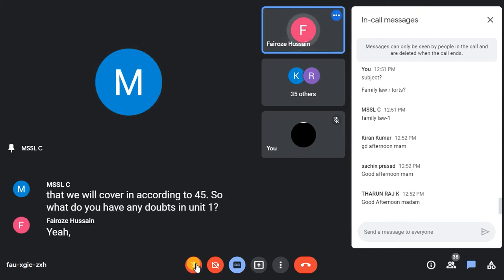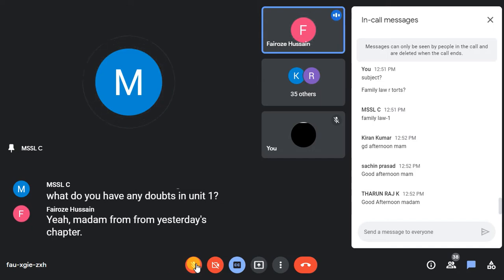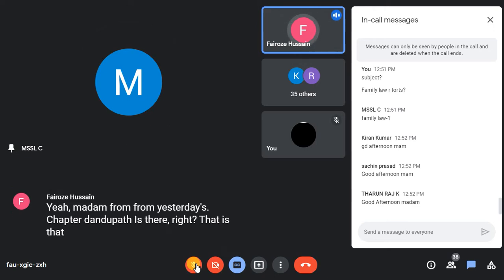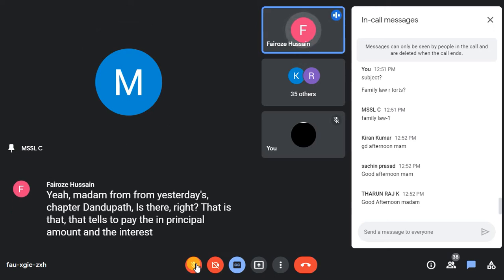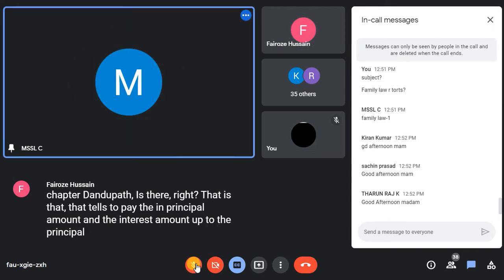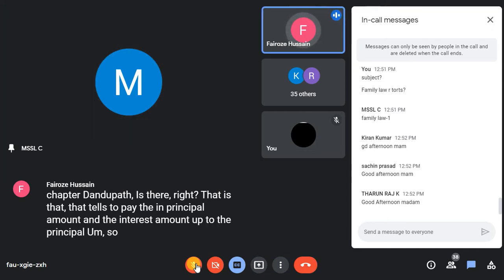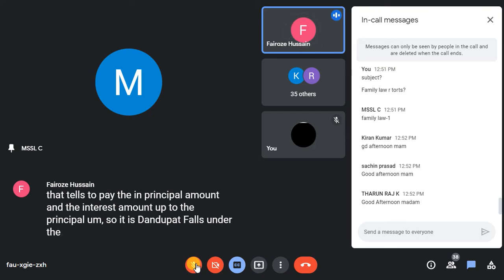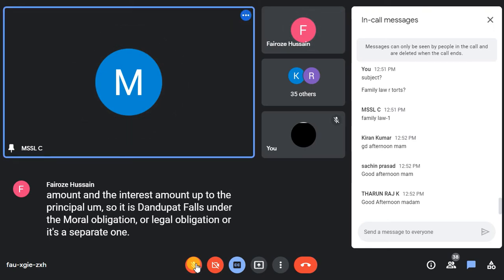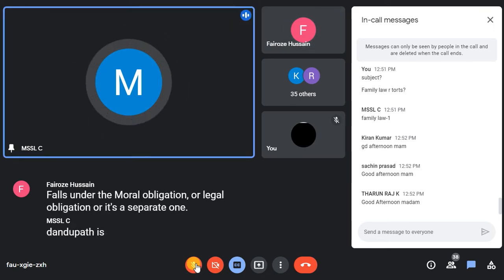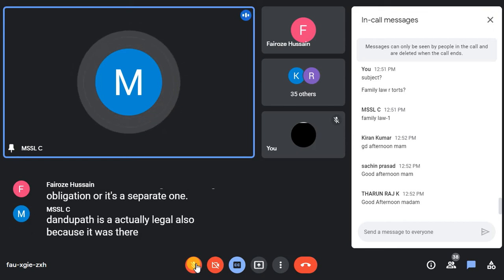Madam, from yesterday's chapter, Dandupath is there, right? That tells to pay the principal amount and the interest amount up to the principal. So, does Dandupath fall under moral obligation or legal obligation, or is it a separate one? Dandupath is actually legal also, because it was there as a law.